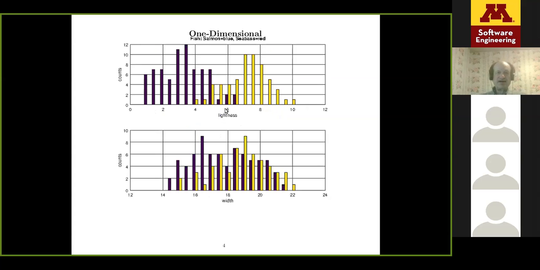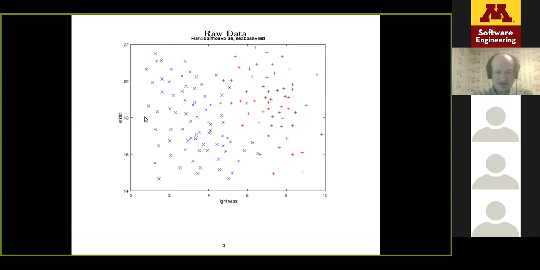One obvious thing is to look at this picture and see, well, suppose I just look at lightness. So you just draw a cross section along the horizontal axis here. That actually doesn't do a half bad job. If you ignore the width, you can do a pretty good job in distinguishing the fish.